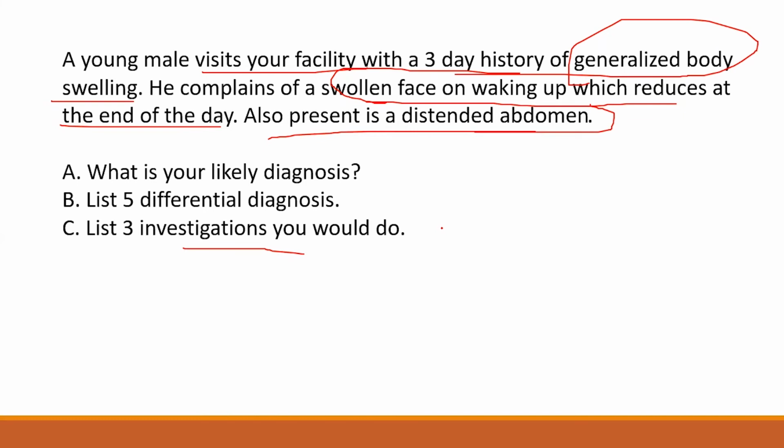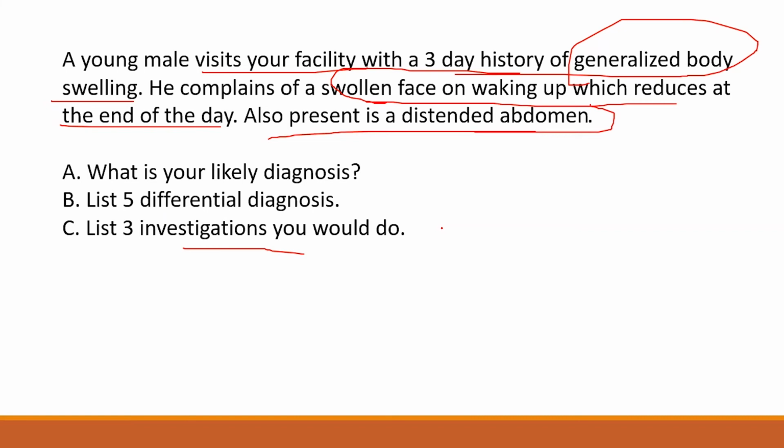You're going to do the biochemistry, so serum protein will be low, especially the albumin. Then you can have a normal or high cholesterol level. You can also do an abdominal ultrasound for the ascites.